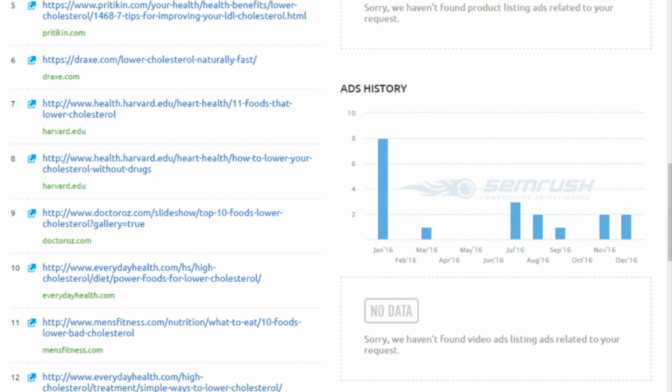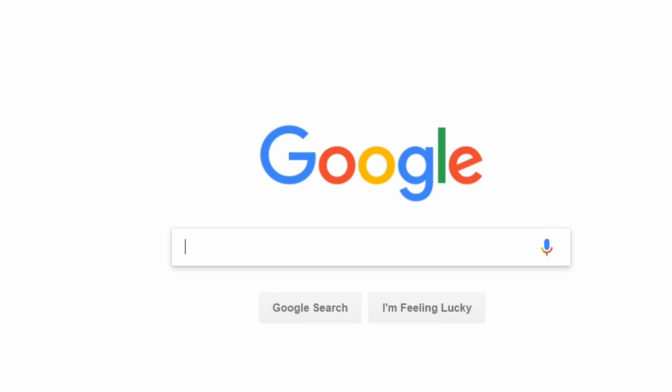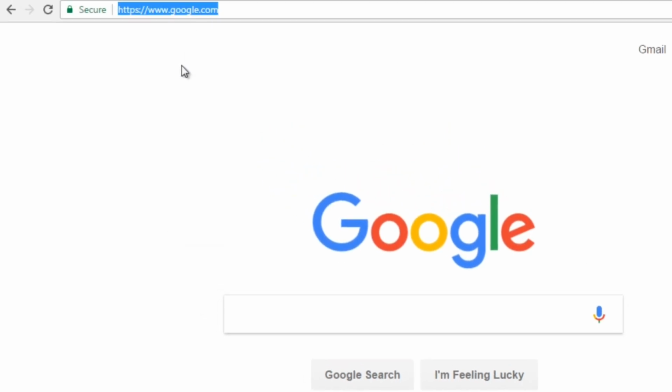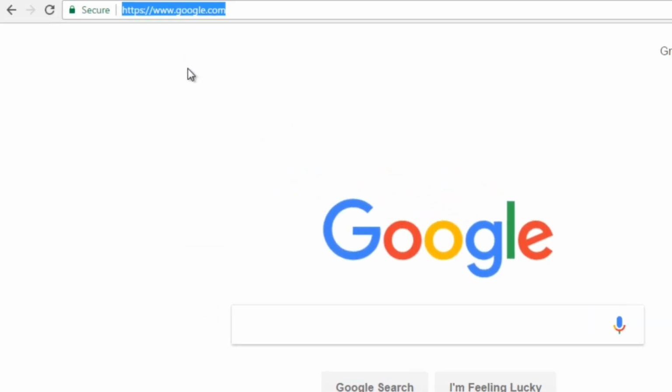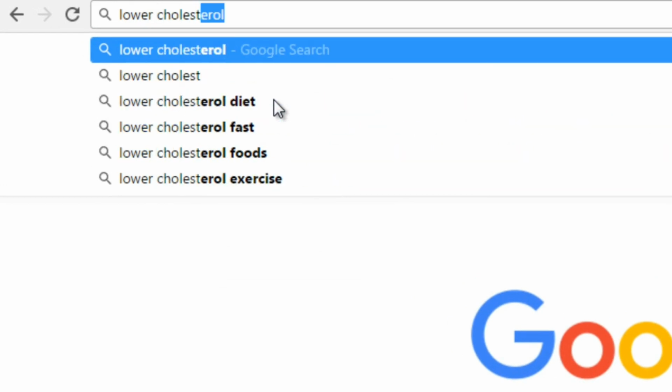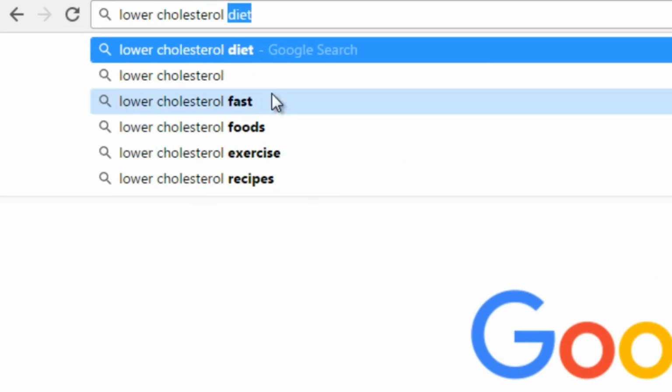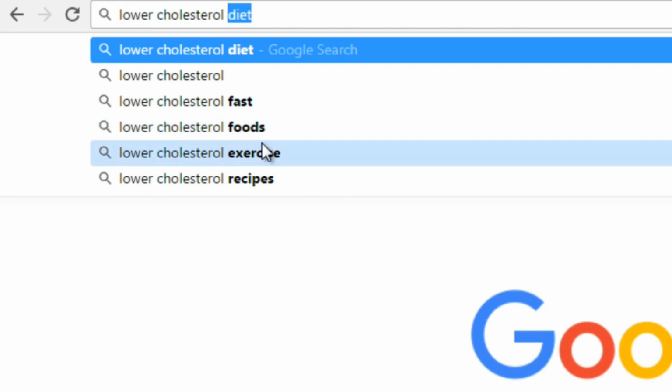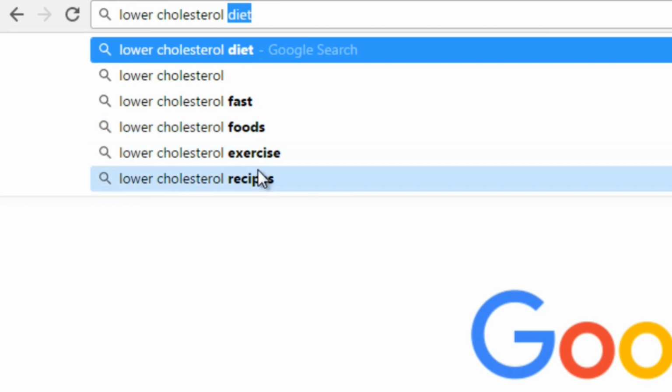And in addition to this, if we head on over back to google.com, up at the top here, if you put in the address bar a keyword, let's say, for example, lower cholesterol, you'll notice that as I begin to type things out, Google will actually try to complete your sentence with lower cholesterol diet, lower cholesterol fast, foods, exercise, and recipes.